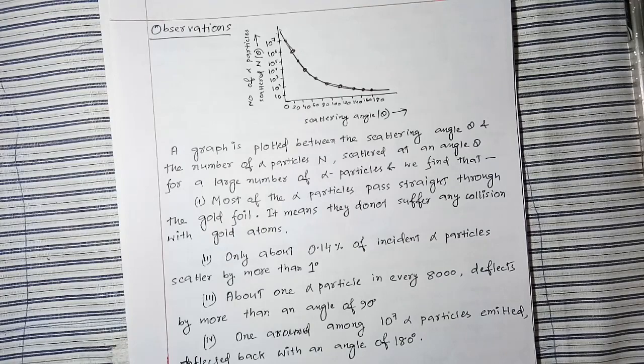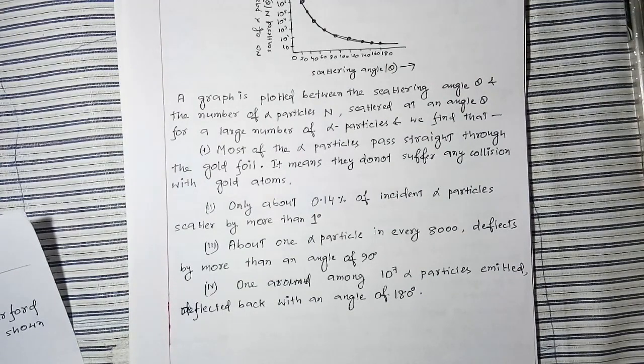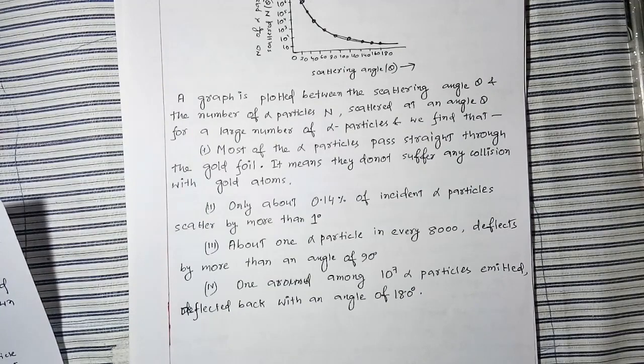And of the 8,000 alpha particles, two or three experience a deviation of scattering angle 1 degree, and one alpha particle will experience a very high deviation, a scattering angle of more than 90 degrees. Similarly, one in around 10 to the power 7 alpha particles, that means 1 in 100 lakhs, right?